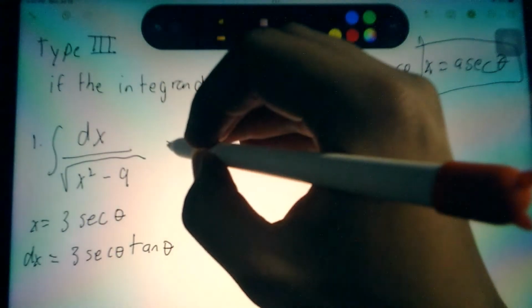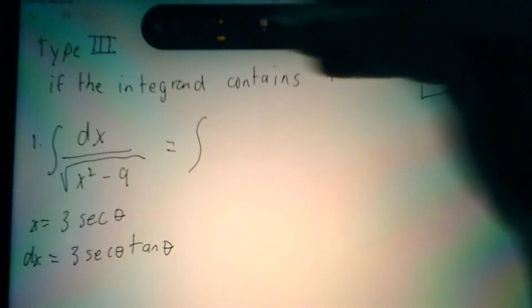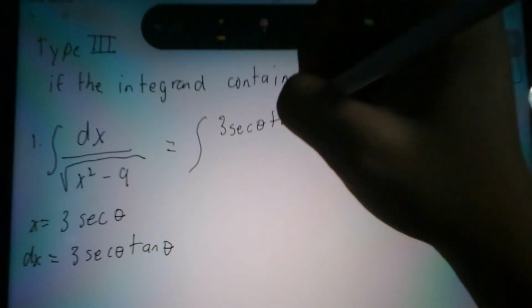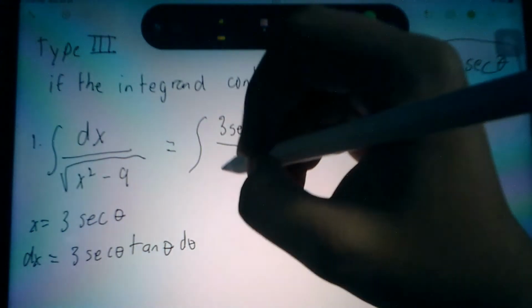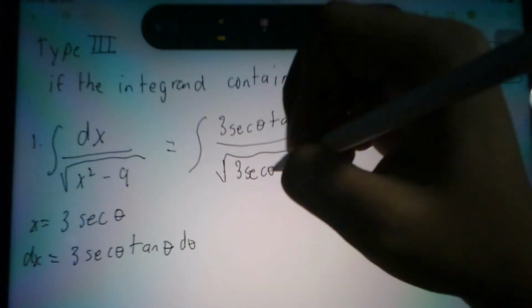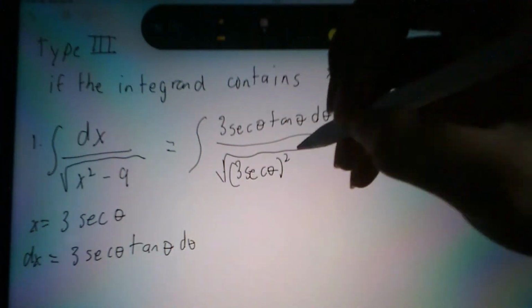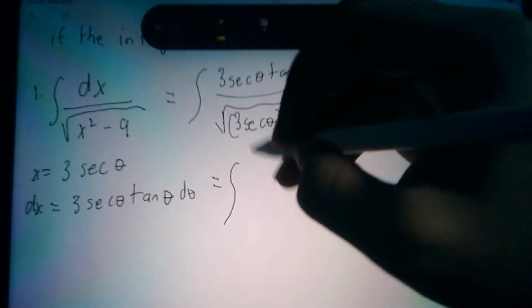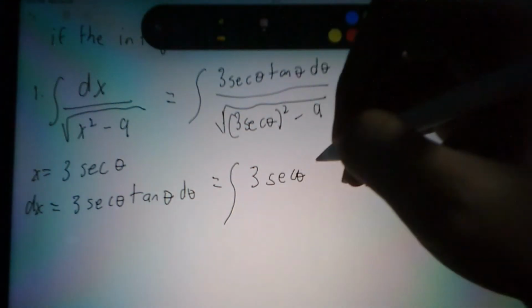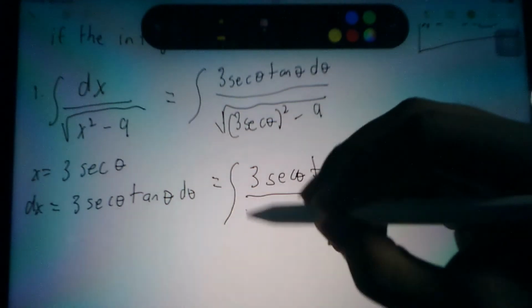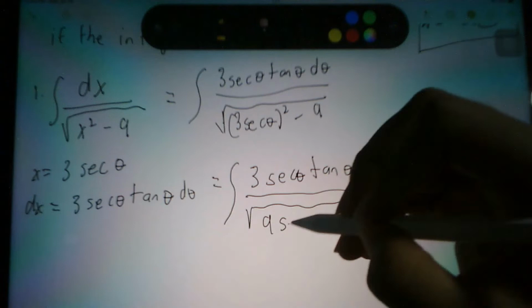So now we have our values here. dx is 3 secant theta tangent theta d theta over the square root of x squared minus 9, where x is 3 secant theta. So this will become 3 secant theta tangent theta d theta over square root of 9 secant squared theta minus 9.